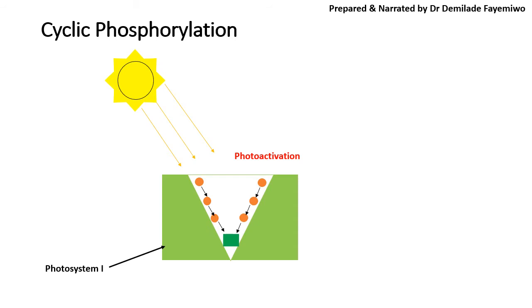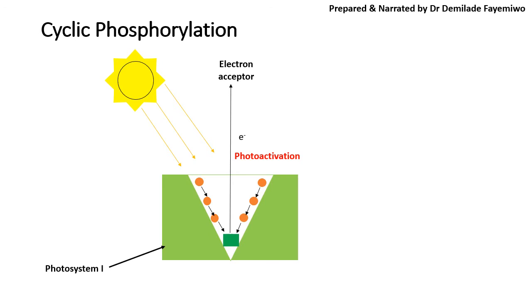Once the light hits the pigments, these are the accessory pigments, the circles that I have included here, they would harvest that light from the sun and they would pass it down all the way to the primary pigment. Once the light reaches the primary pigment, it will then release an electron. So that electron is basically excited, and we call that a photoactivation. The electron is released, and once it gets to the top, it's captured by an electron acceptor.